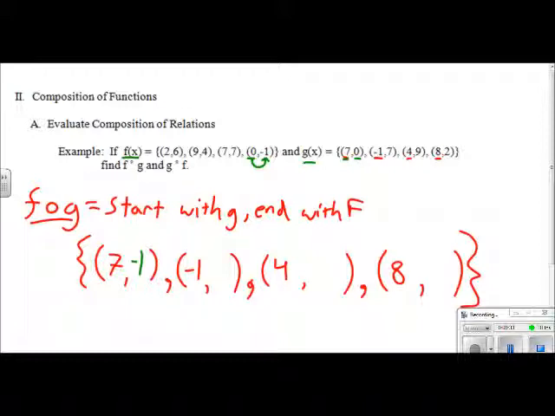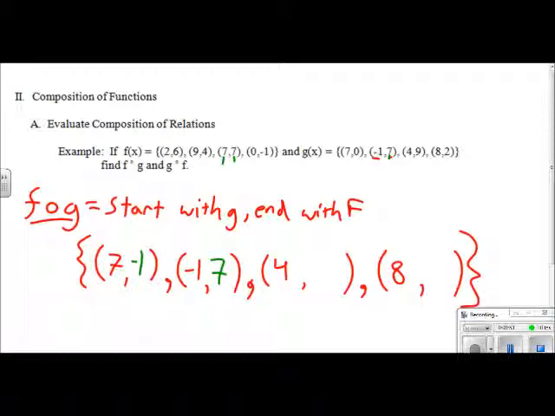So, doing that one more time, let's say we're looking at negative 1 for g, gives us an output of 7, and 7 from f gives us an output of 7.